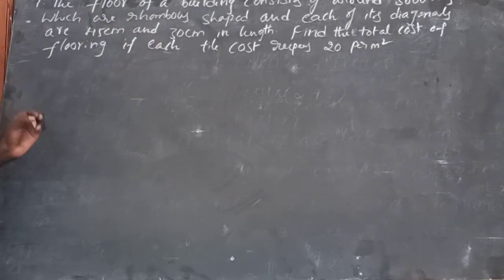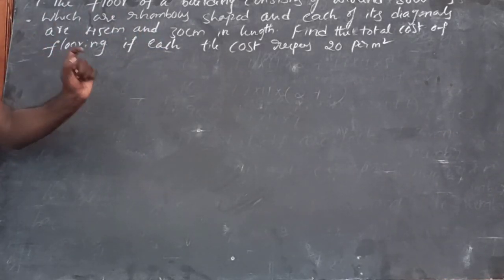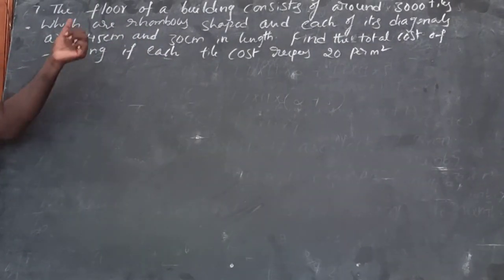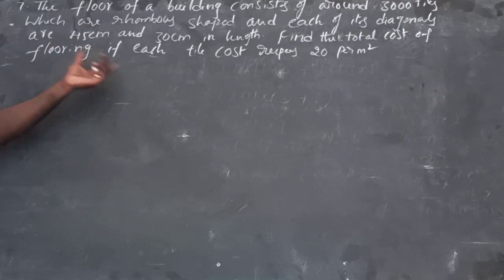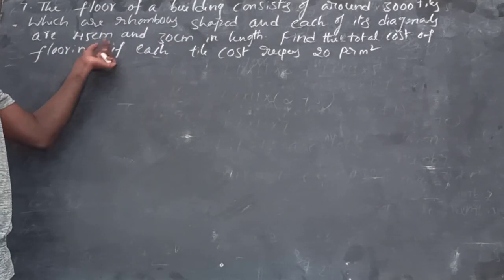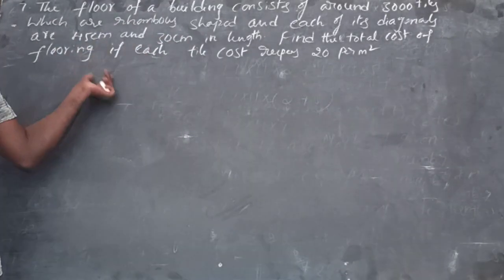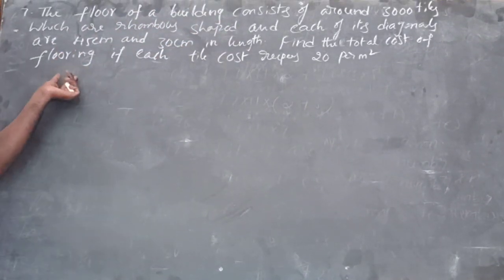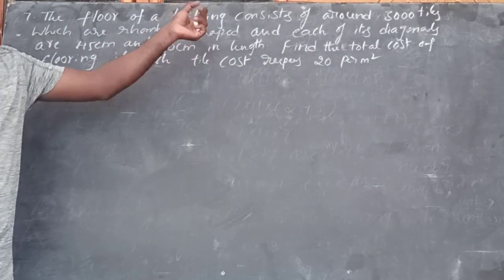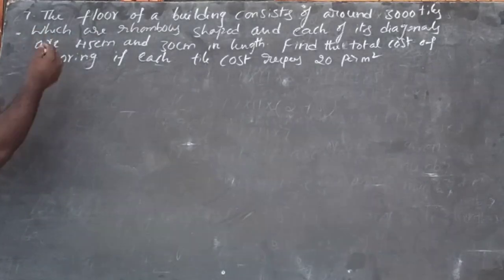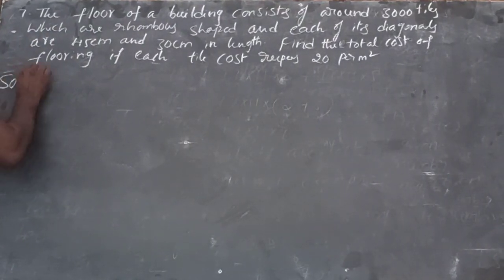First we find the area of one rhombus tile, then the area of 3000 rhombus tiles. After that we can find the total cost of flooring, by using the area of the rhombus and 3000 tiles. So here, the solution.